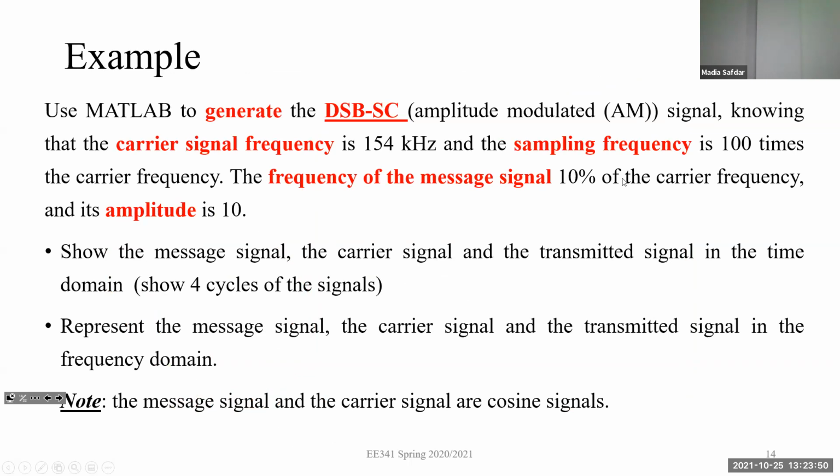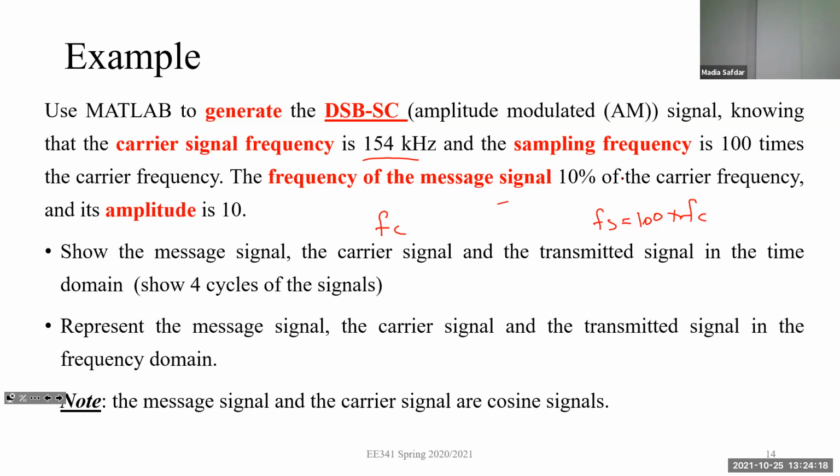Use MATLAB to generate a double sideband suppressed carrier amplitude modulated signal. The carrier frequency Fc is 154,000 Hz. Sampling frequency Fs is equal to 100 times the carrier frequency Fc, which is equal to 154,000.